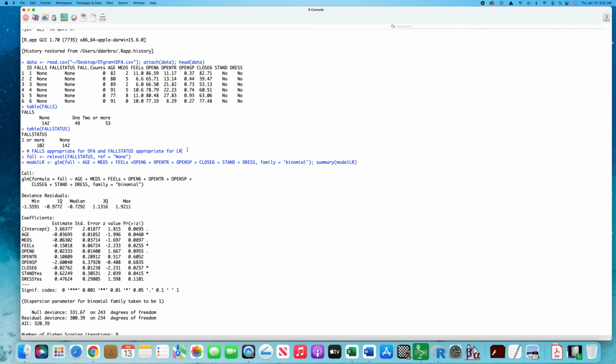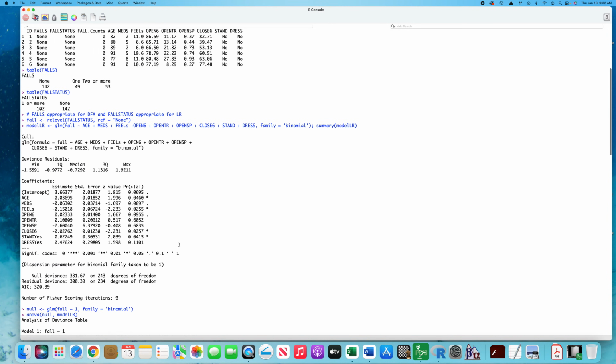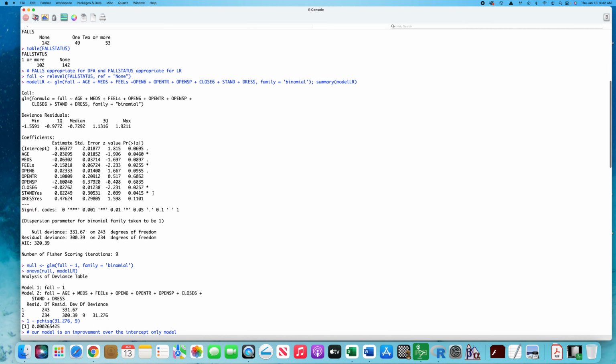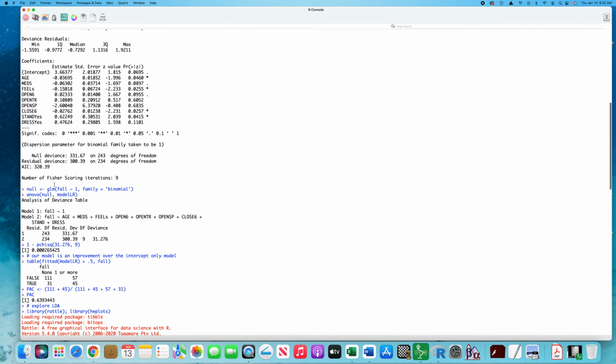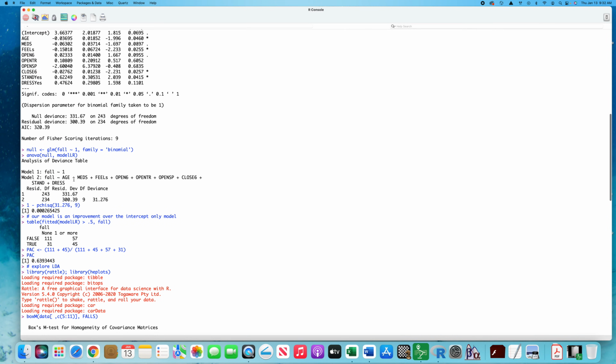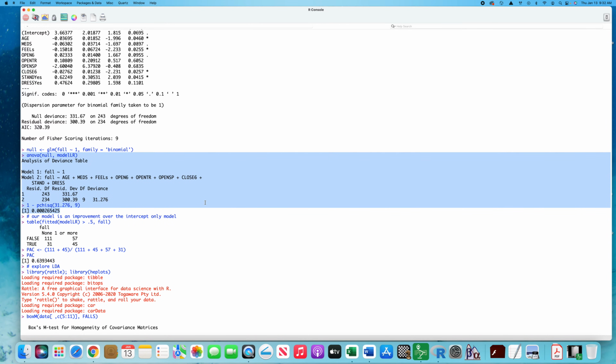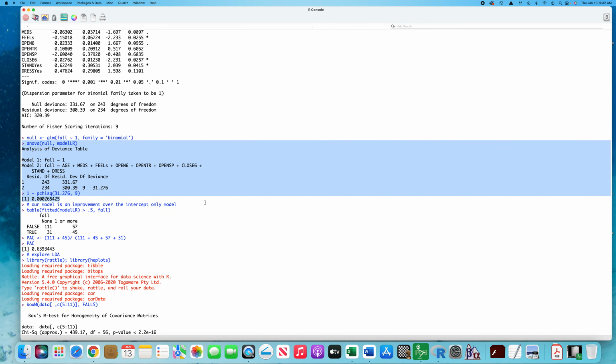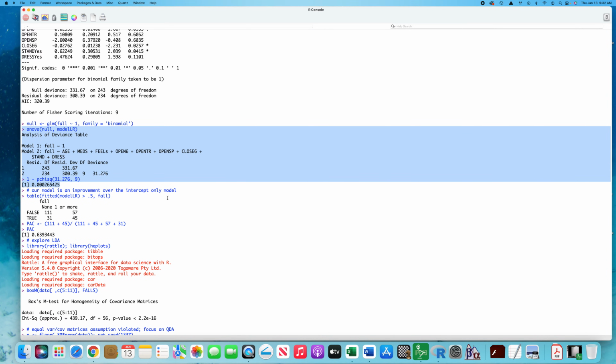First, I ran my model using logistic regression techniques, and you can see that I get statistical significance for the predictors. Then I create my null model just to examine if this model is a significant improvement over the constant only model. And we see that it is. It's statistically significant at the 0.001 level.